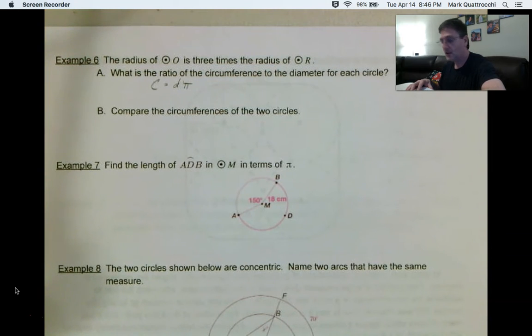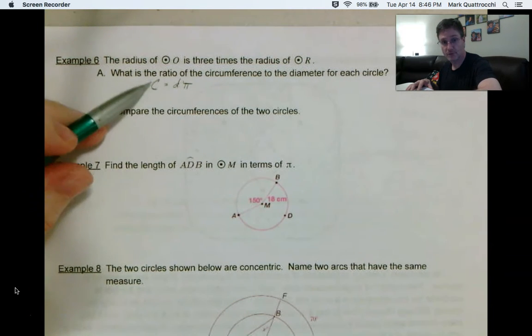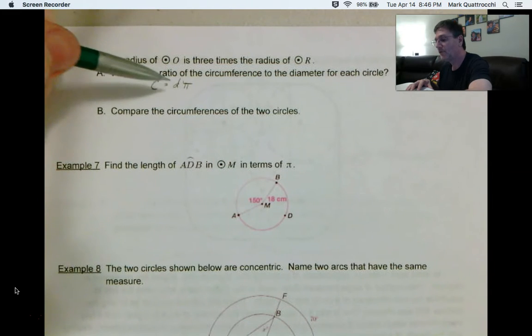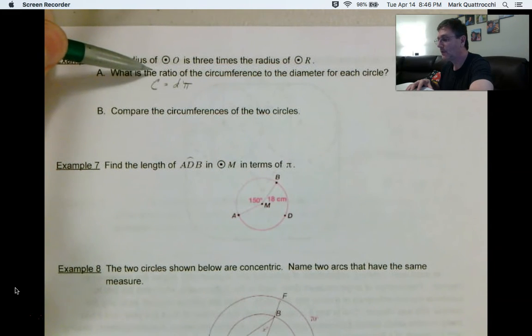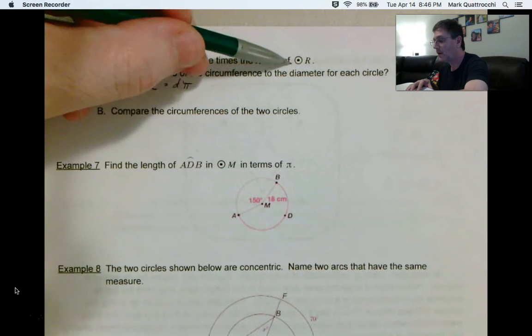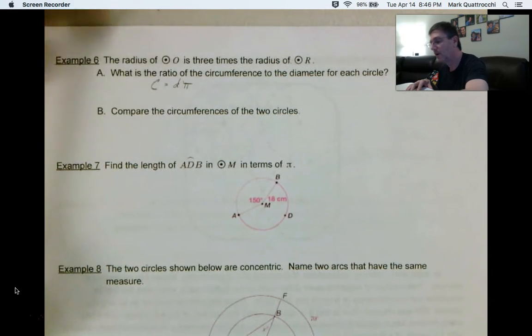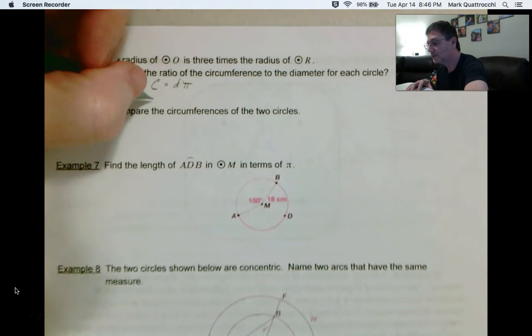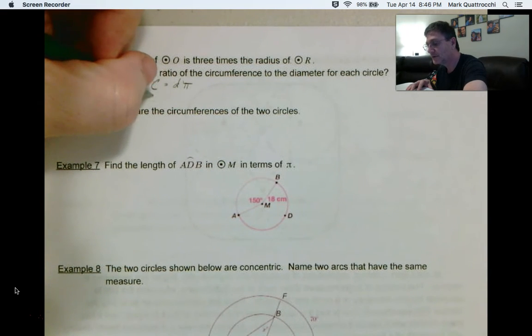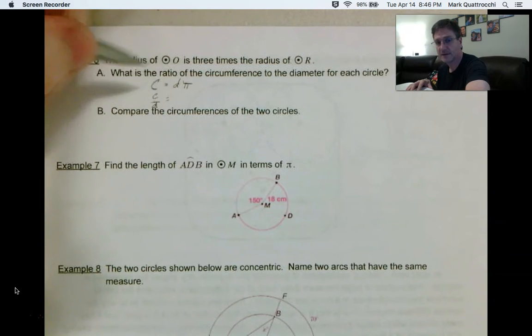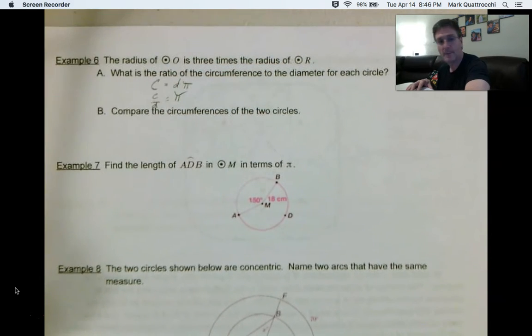That's for the first circle, circle O. Circle O is 3 times the radius of circle R. The ratio of circumference to diameter, dividing both sides by d, is equal to pi.